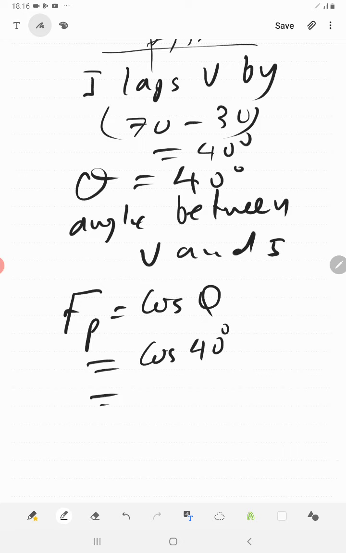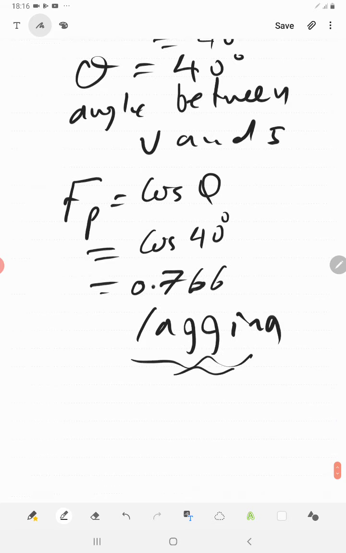Cosine 40 times pi divided by 180 is equal to 0.766, and we call it lagging. Why lagging?